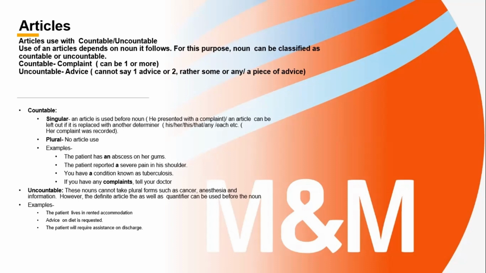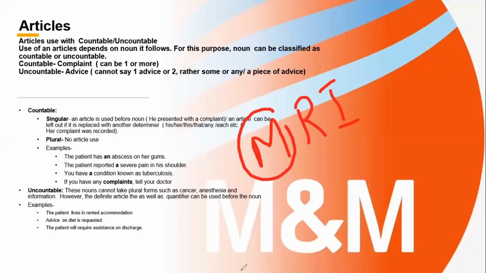Similarly, if it's a countable noun, if it's singular, and if it gives you a vowel sound, A, E, I, O, U, then you can use an before that. For example, MRI starts with the letter M, which is not a vowel, but it gives you the sound of a vowel. This is the sound of M, if it's not clear.